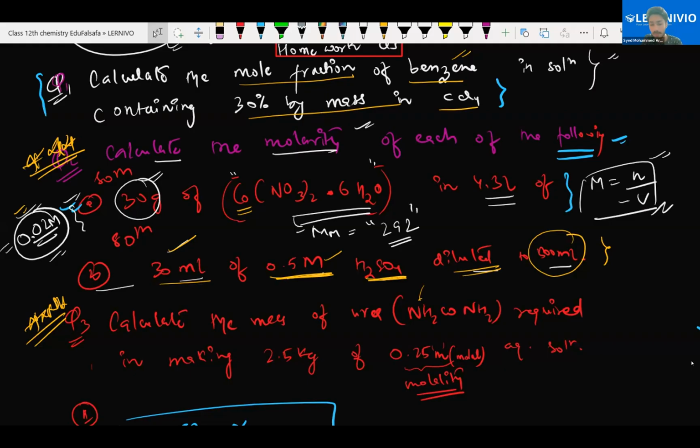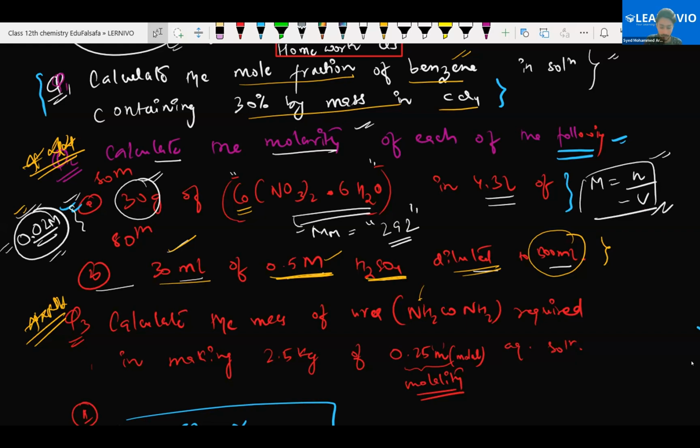For example, let us suppose A and B react together to form a compound C. When the chemical reaction happens, the number of gram equivalent of A should be equal to the number of gram equivalent of B. This is the basic fundamental rule for a chemical reaction to happen.